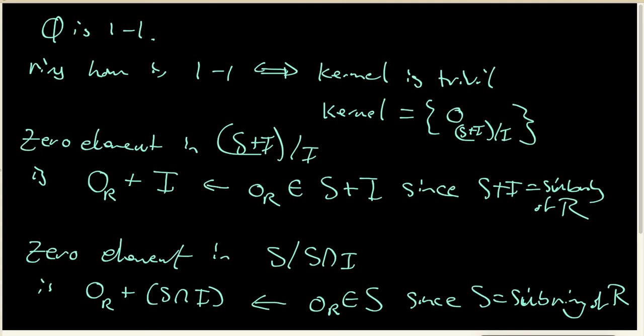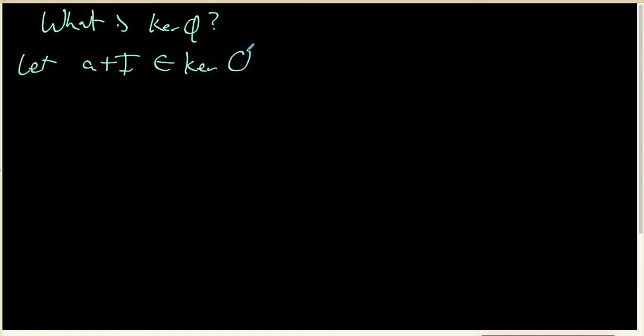And at this point, we can now meaningfully look at what is the kernel of phi. So what is the kernel of phi? Well, our goal is to show that it only has that one element, which is the zero element in S plus I mod I. But I want to look at this by simply assuming, so we're going to let, let's call it little a plus I, be inside the kernel of phi.